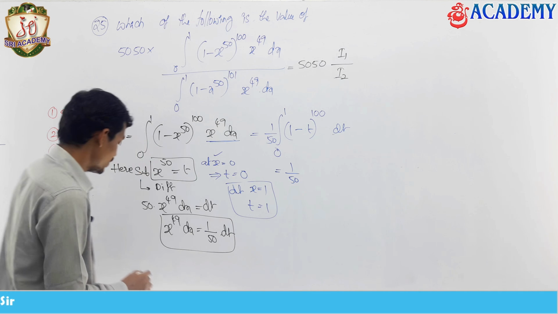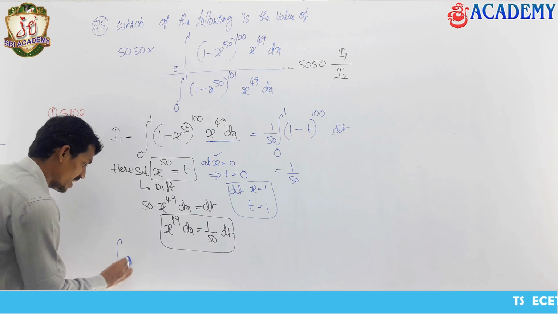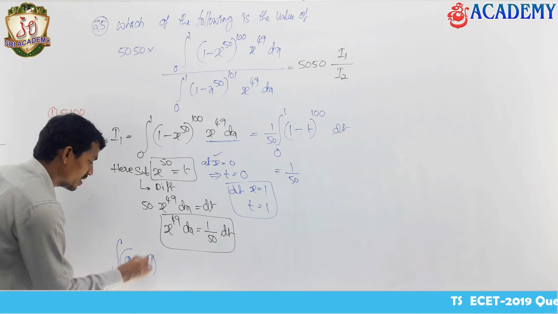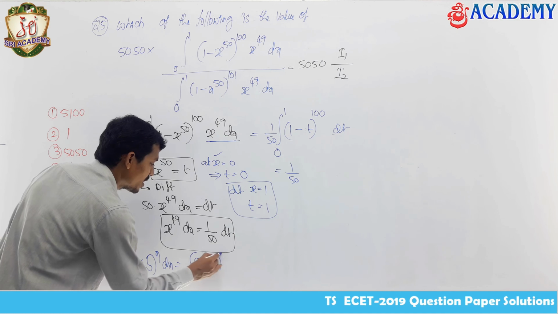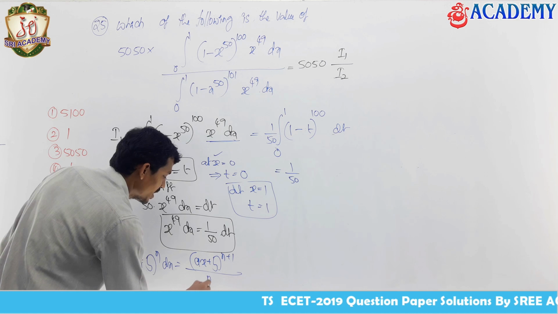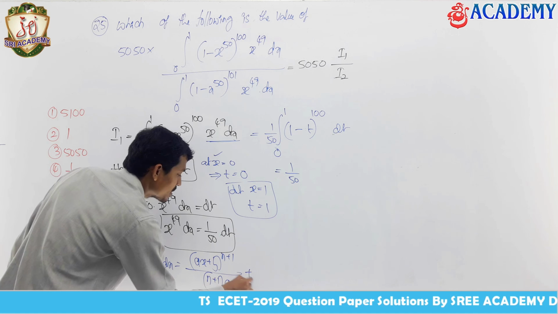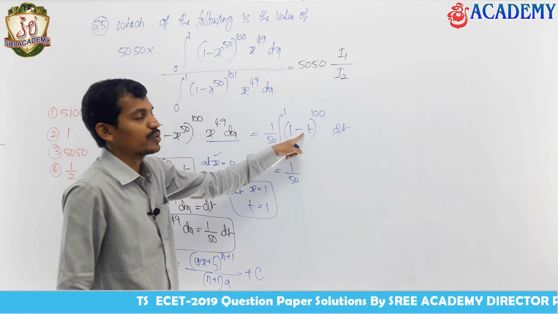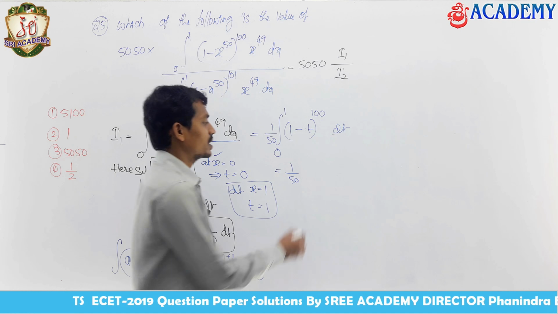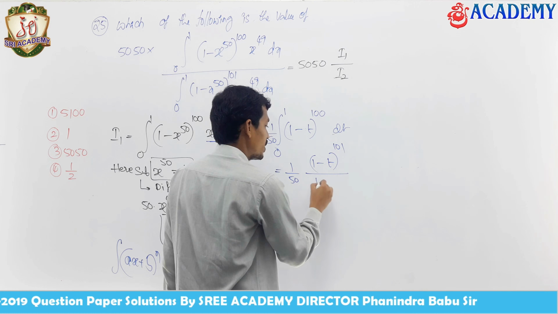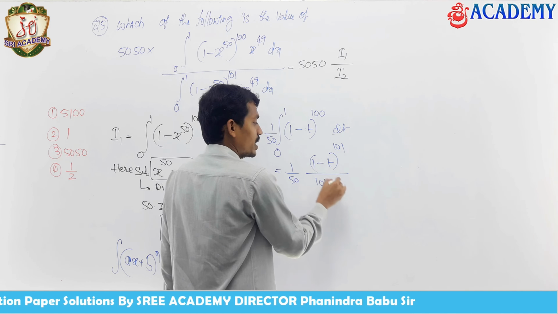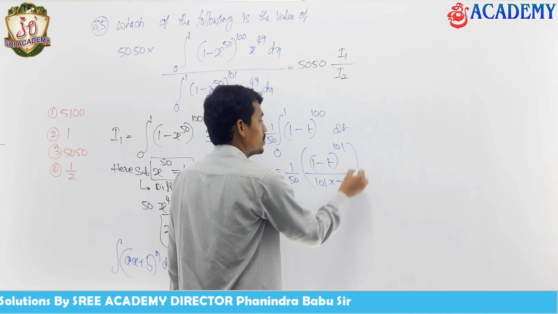What is that? It is in the form of integral (ax plus b) whole power n dx equals (ax plus b) whole power n plus 1 divided by (n plus 1) into a, plus c. Here a equal to minus 1, b equal to 1. If you substitute, that is nothing but (1 minus t) whole to the power of 101 divided by 101 into a equal to minus 1. You have to substitute the limits 0 and 1.